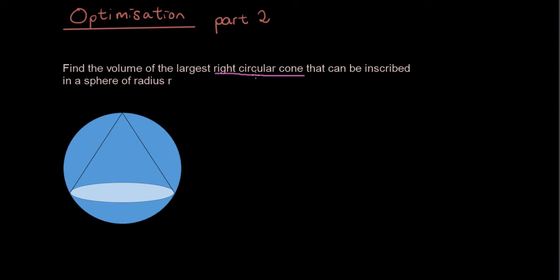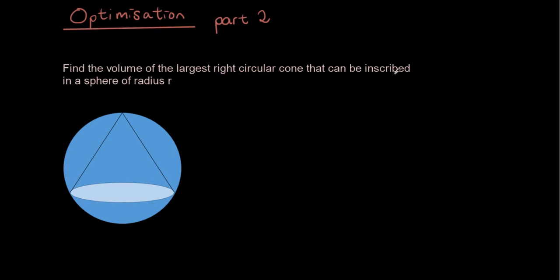Basically it just means a cone with a circular base, and right just means that the tip of the cone is directly above the center of the base. So that's what right circular cone means.